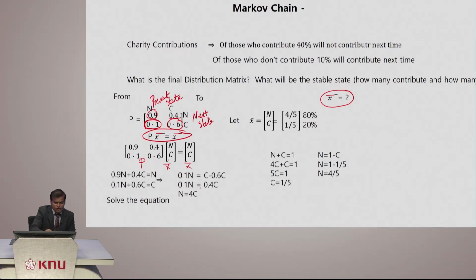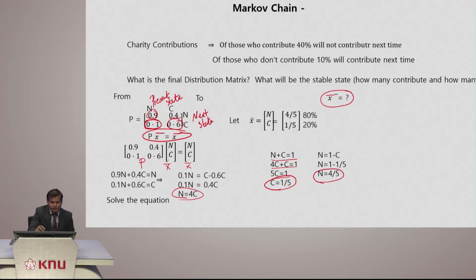When you try to solve the two equations, we come to know that there is a relationship coming up for N equal to 4C, and we also know N plus C is 1, right? The column should be equal to 1. So we are using this relationship and trying to figure out what is the value of C. For example, in this case, C comes to be 1 by 5, and once you found C, you are calculating N to be 4 by 5.